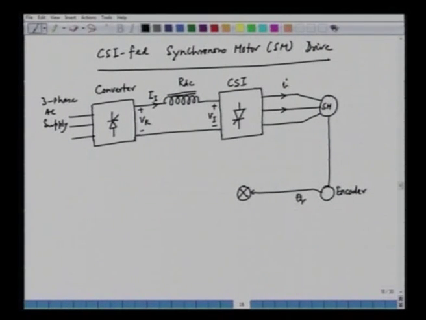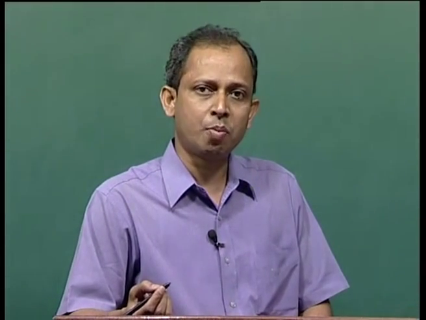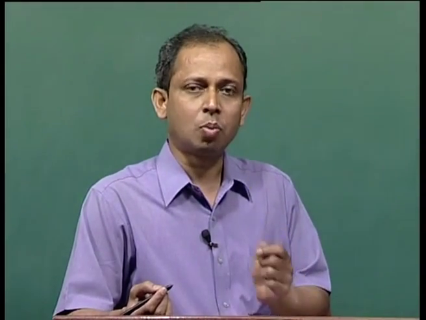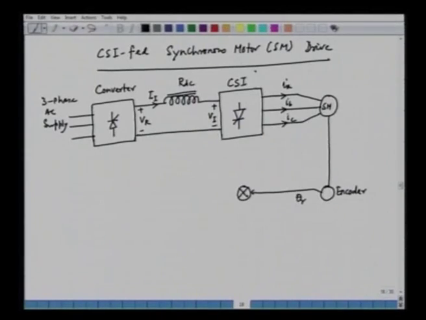So, we have IA, IB and IC, and this CSI or the current source inverter is basically a force commutated one. It means we can switch on and switch off each phase irrespective of the load power factor. So, this is a force commutated CSI.